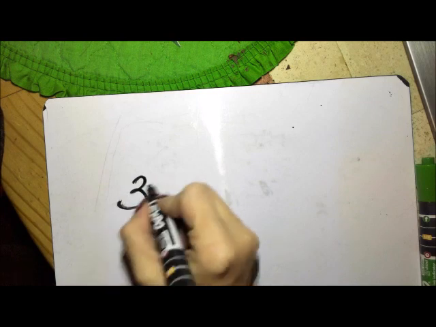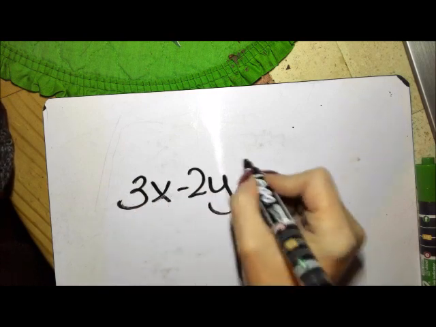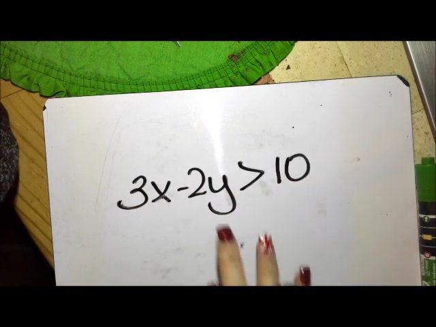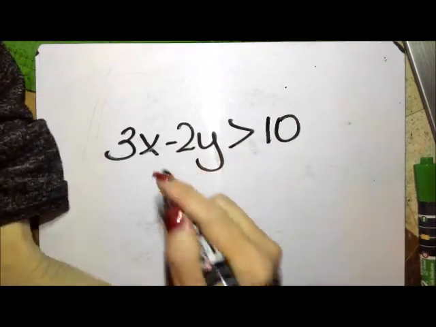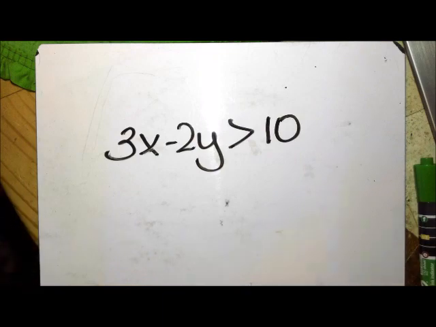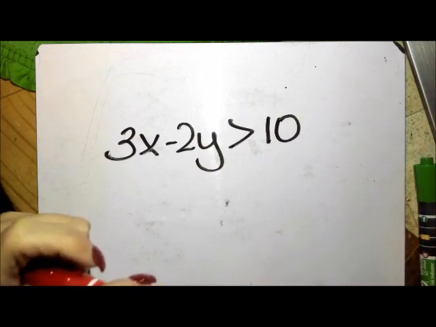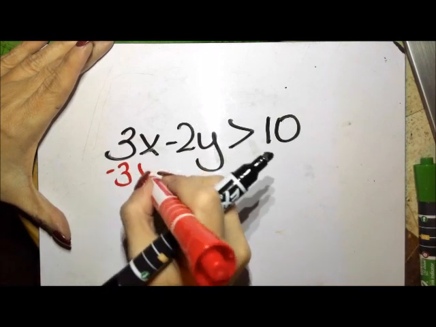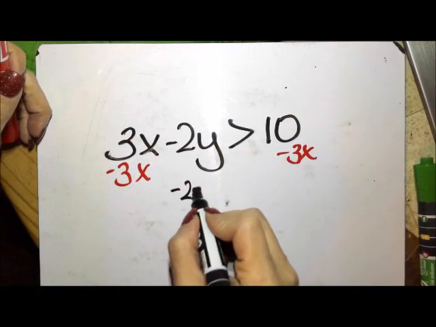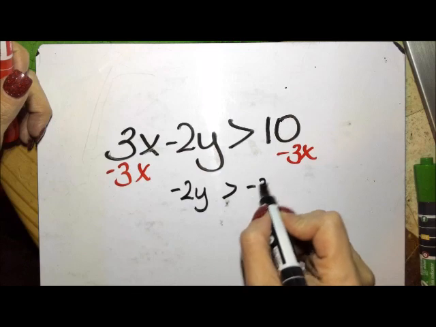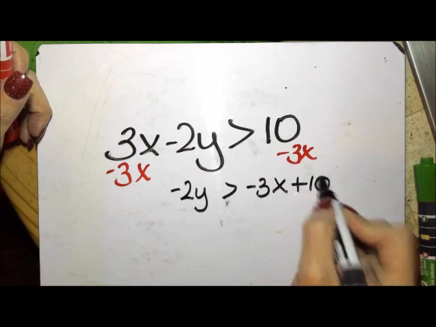Remember also, 3x minus 2y greater than 10. If I were to try and solve this, I would move the x, divide the y, right? Let me get my other marker out. These are my kitchen markers I use in my kitchen. Move the x, so I'd have negative 2y greater than negative 3x plus 10.